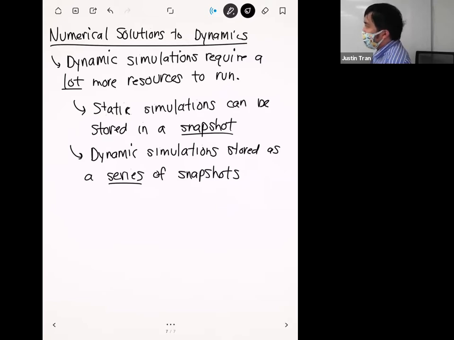Each frame has to be stored individually, okay? And so if you take that to the finite element analogy, instead of just solving one simulation for one snapshot, if you need 30 frames to come up with one second of information, that means you have to solve your finite elements 30 times in a row, okay? And that's pretty generous.